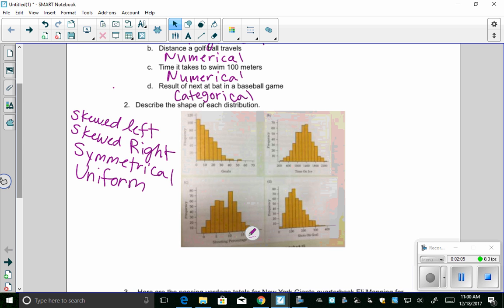After you have these 4 main types, you have 2 other possibilities that it could be a mix of. I'm just writing the different types it could be, and then we're going to label which one's which.